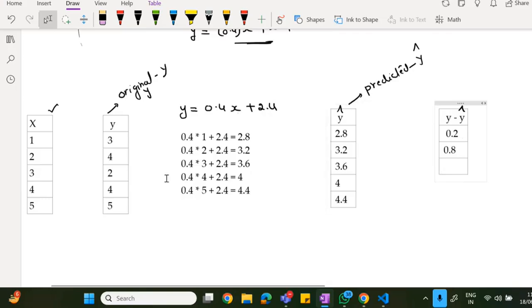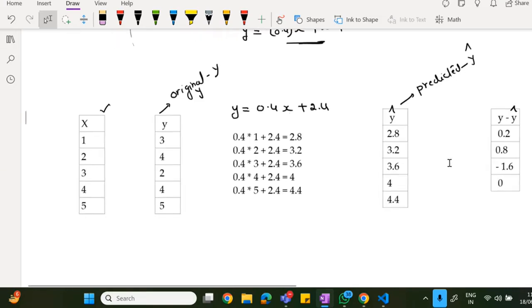Next one, 2 minus 3.6, that is minus 1.6. Next one is 4 and 4, 0. Next one is here 0.6. These are the individual value errors.